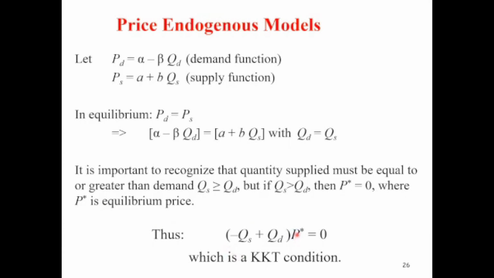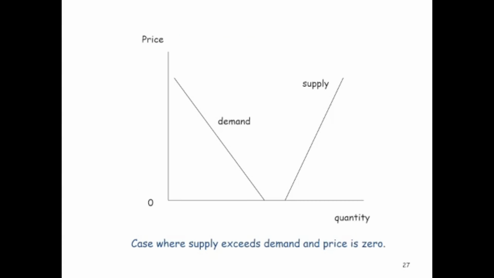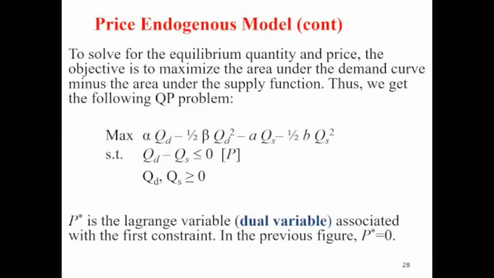So thus, we would require that minus QS plus QD multiplied by this shadow price equals 0, and that's a Kuhn-Tucker condition. All right, so we have that condition has to equal 0, which is this one here, and then the Lagrange multiplier, which in this case is price, is equal to 0. And we can show that here, where supply exceeds demand and the price is effectively 0.